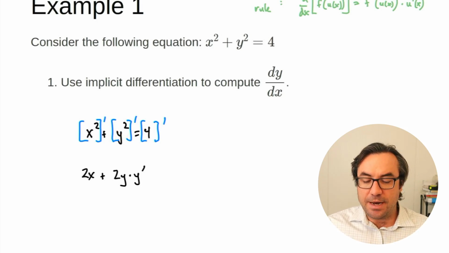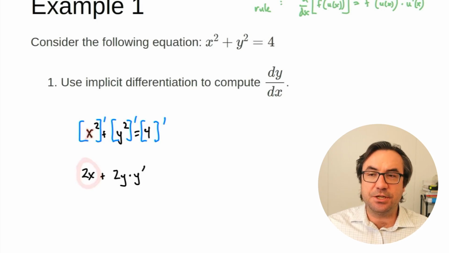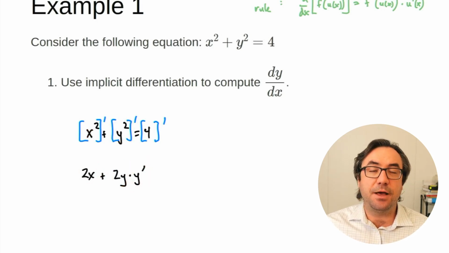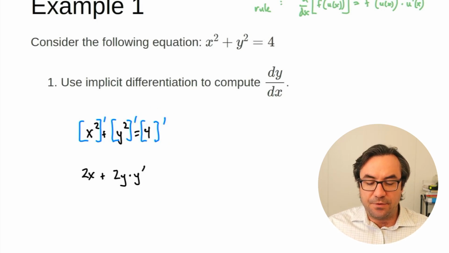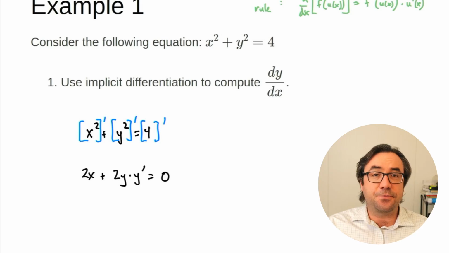All right, so for an x-only term, we differentiate it just like regular. For a y-only term, we differentiate it like regular, but then we multiply the result by y prime. And for a constant, the derivative of a constant is still going to be 0. All right, so this is the first and second step of our implicit differentiation.